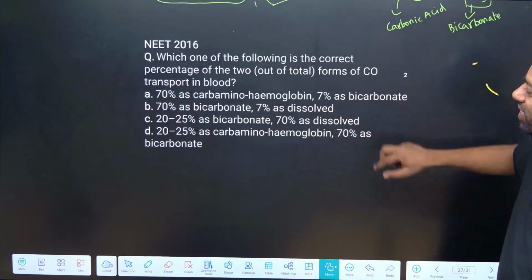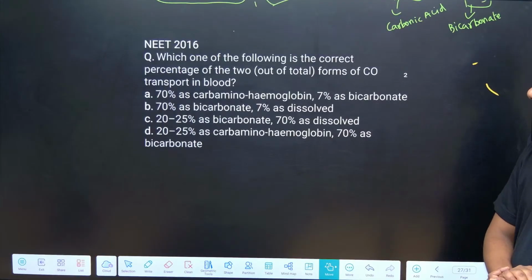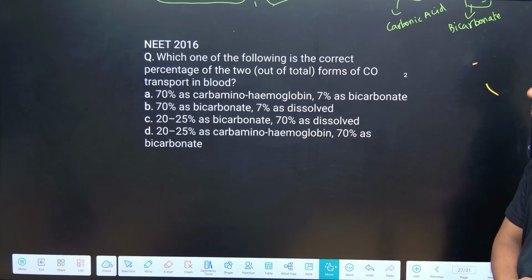Next, 2016. Which one of the following is the correct percentage of the total form of CO2 transport in the blood?